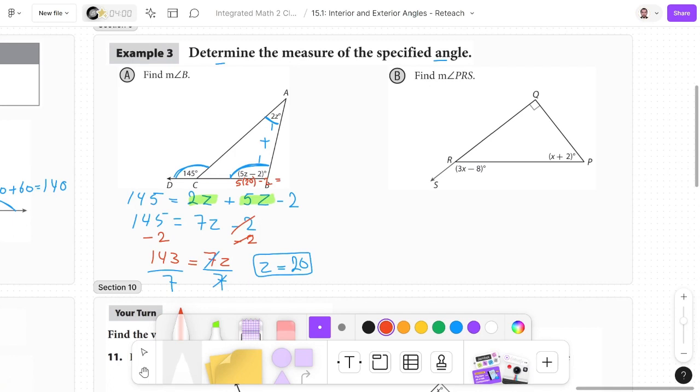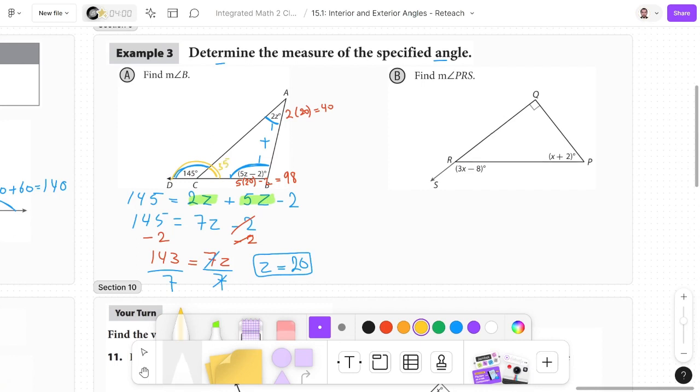Minus 2, equal to 98. This one here, 2 times 20, is equal to 40. Now, can I find this angle here? Yes, I can, because this one is a supplementary angle. So 180 minus 145 is equal to 35.